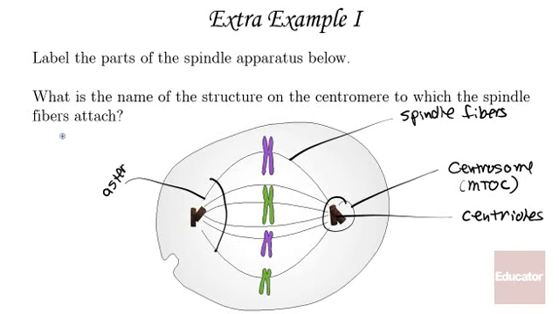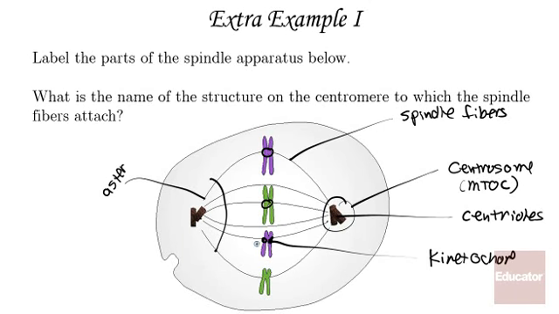This next part of the question asks me, what's the name of the structure to which the spindle fibers attach? So the centromere is here in the middle, holding the sister chromatids together. And on the centromere are two kinetochores. The spindle fibers from one pole attach to one kinetochore.